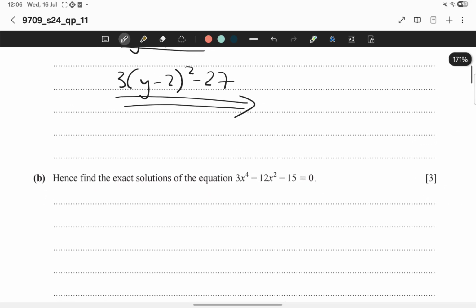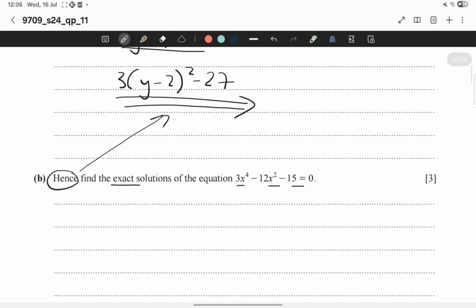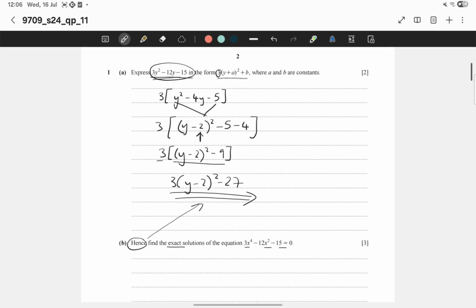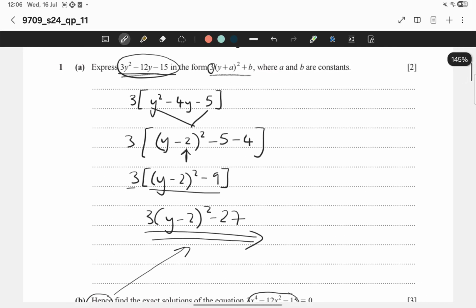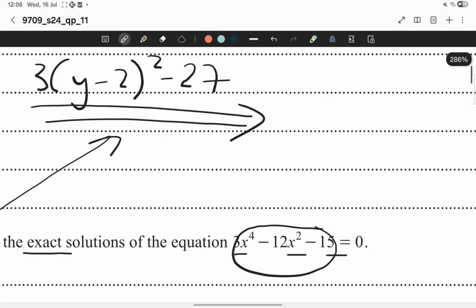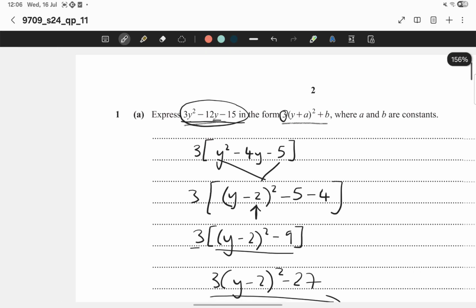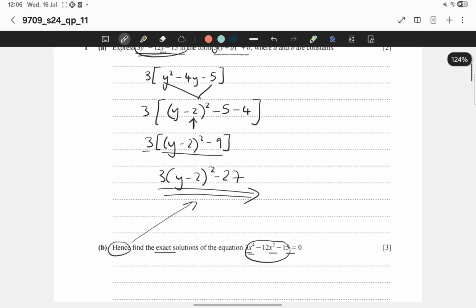It says, hence find the exact solution, meaning we're not simplifying, and hence meaning we might be required to use this answer from the previous question. Find the exact solutions of the equation this equals 0. And if we look closely, we can see that there are some similarities between these two equations, and the only difference is that where we have y squared on this first equation, here we have x to the power 4, and where we have y here, we have x squared here.